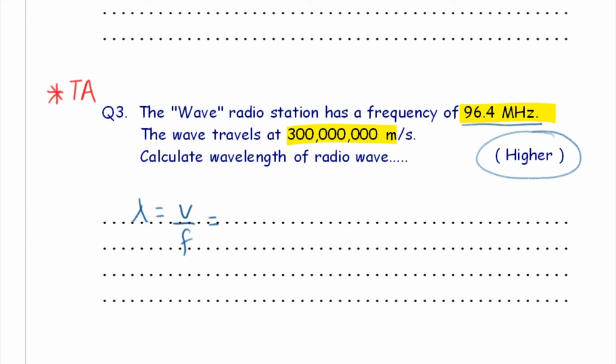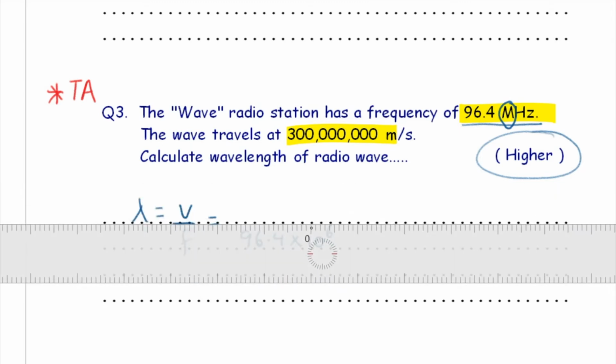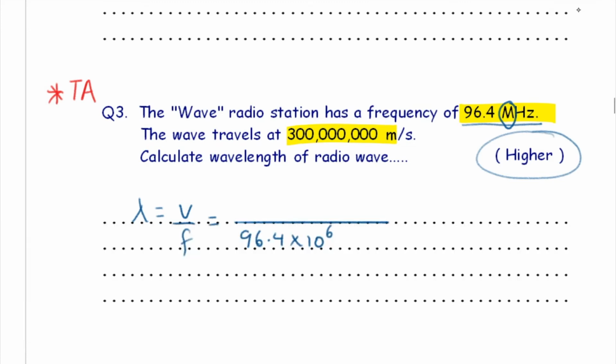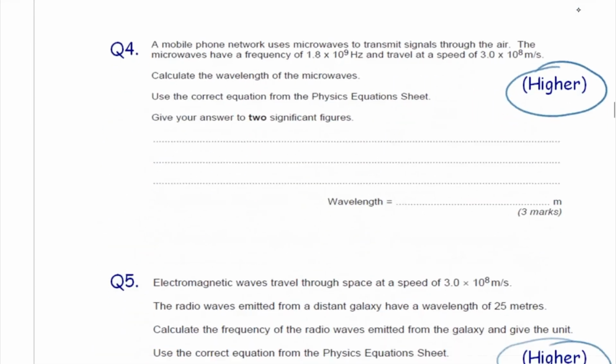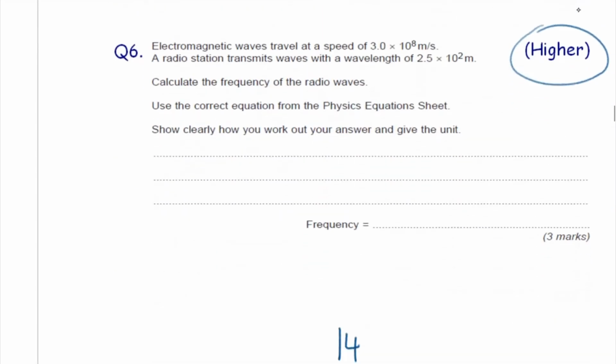Just remember though, when you're doing the frequency, it's 96.4 times 10 to the 6, because the 10 to the 6 is that megahertz there. Anyway, you can do it from there now, because the rest of it is straightforward. Rather than write out 300 million, it's quicker to do it that way, and you can put that into your calculator. So those questions are for you to do.